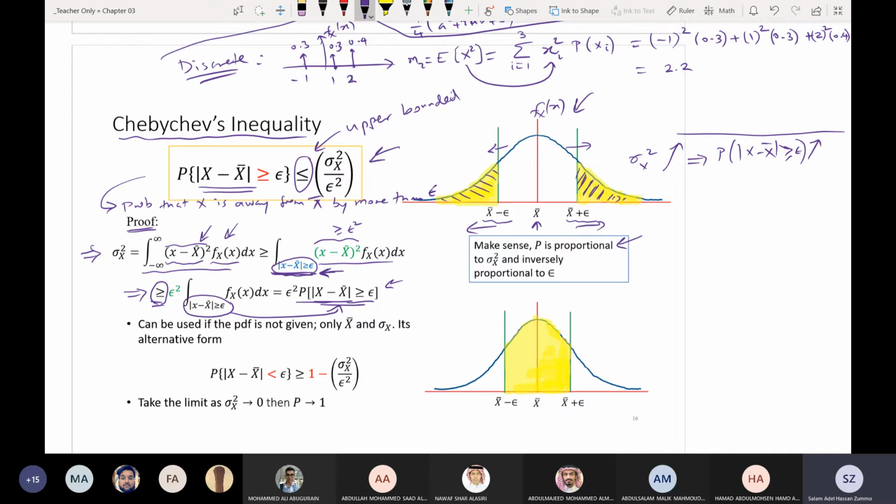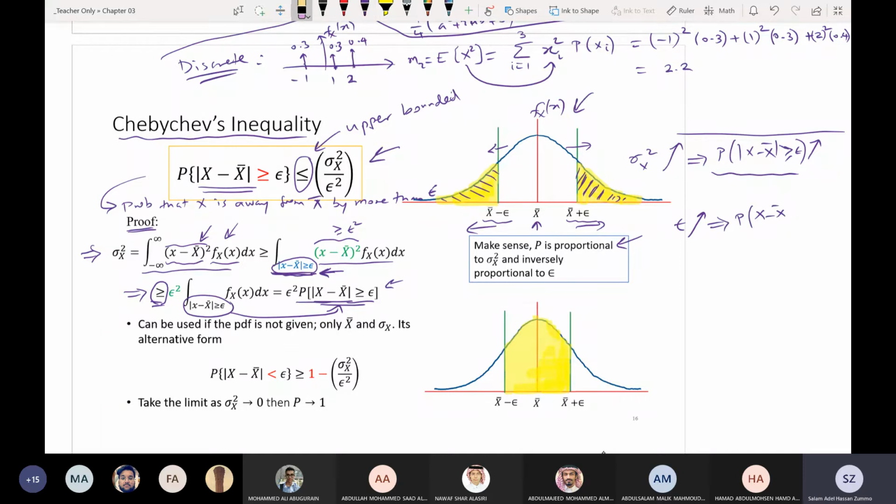As the sigma x squared increases, the PDF becomes wider, and hence the probability that x is away from its mean by more than epsilon becomes larger. This is one thing. The other thing: if we fix sigma x squared and increase epsilon, what happens to the probability that x is away from its mean by more than epsilon?